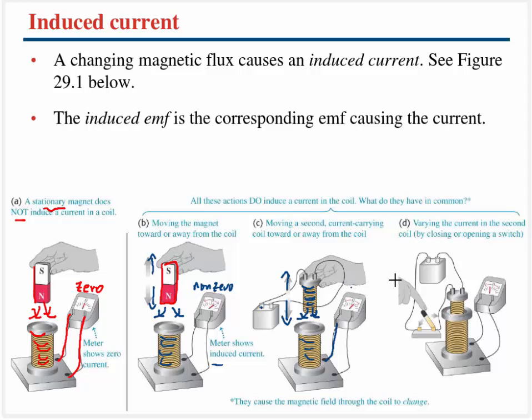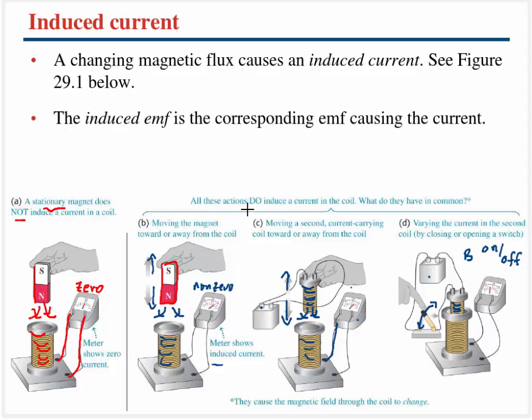Another way that we could read some current in this ammeter right here is to have this secondary coil right here inside of the first coil, and then have that hooked up to a battery, but have a switch that we could open or close. Essentially what we would then be doing is turning the B field on and off.